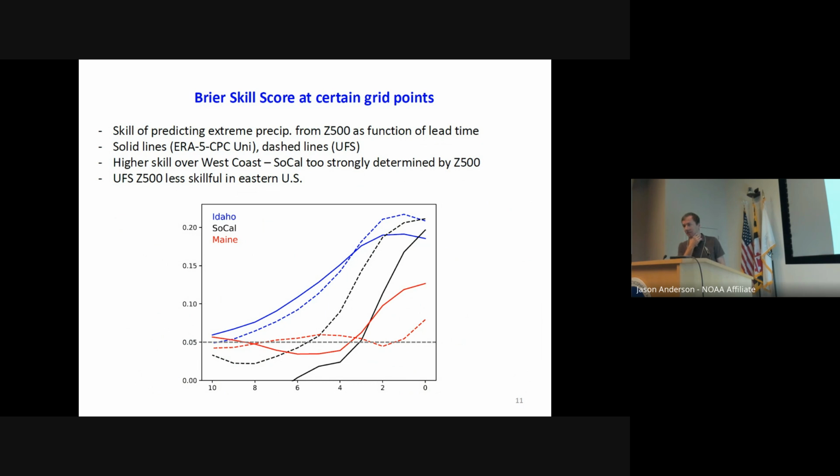Maybe that has to do with other reasons for getting heavy precip in nature. And the association's too weak in the model if you look at a grid point out east, like over Maine. You get the same pattern, but it's not as strong, not as much explained.